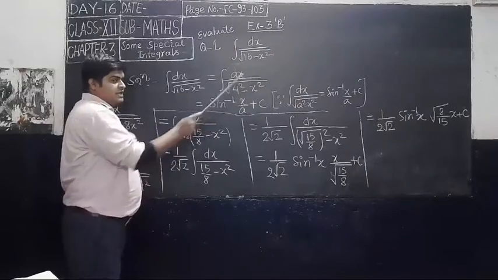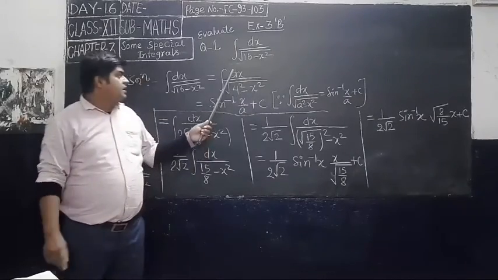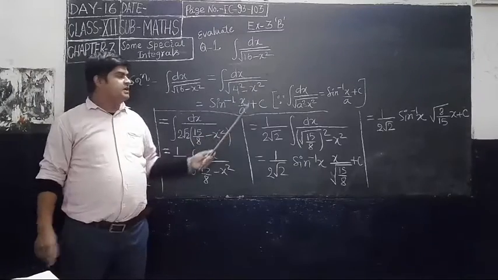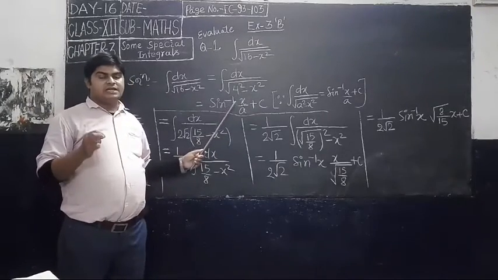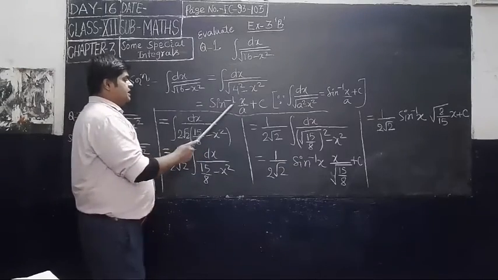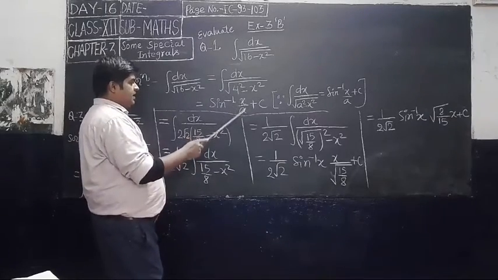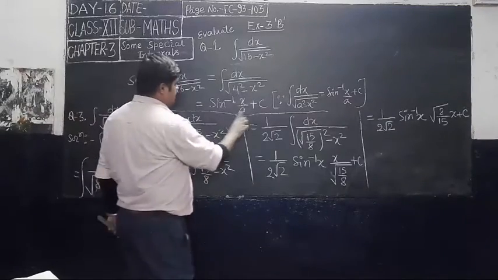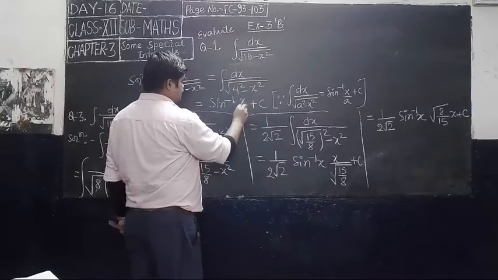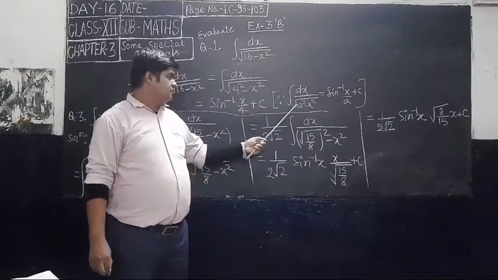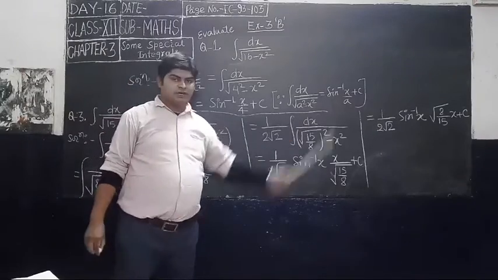And I have taught formula number 1: integration dx by under root a square minus x square is equal to sine inverse x by a plus constant term. So here a is 4, so you will write sine inverse x by 4 plus constant term. You will apply this formula.